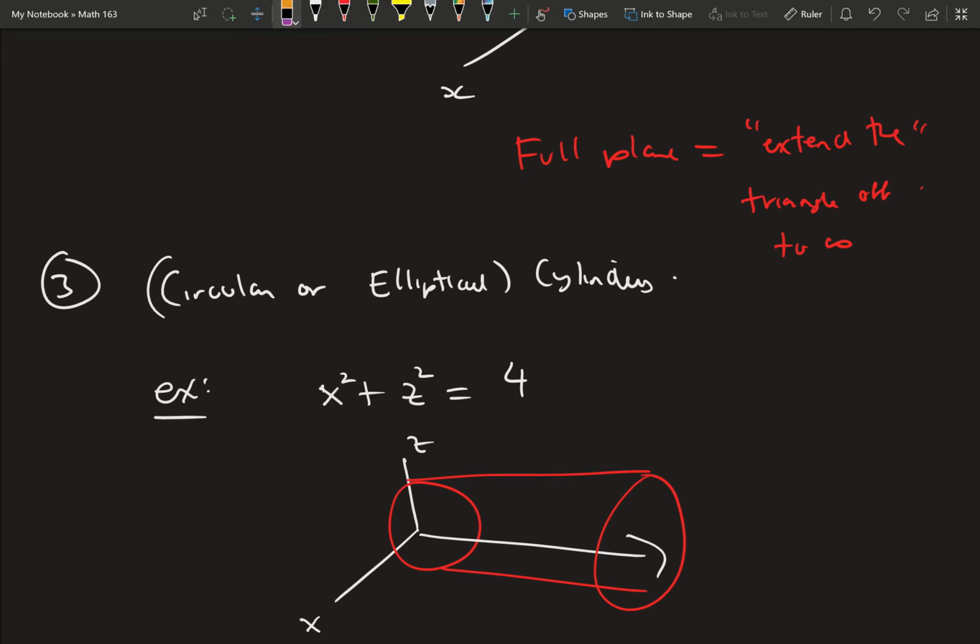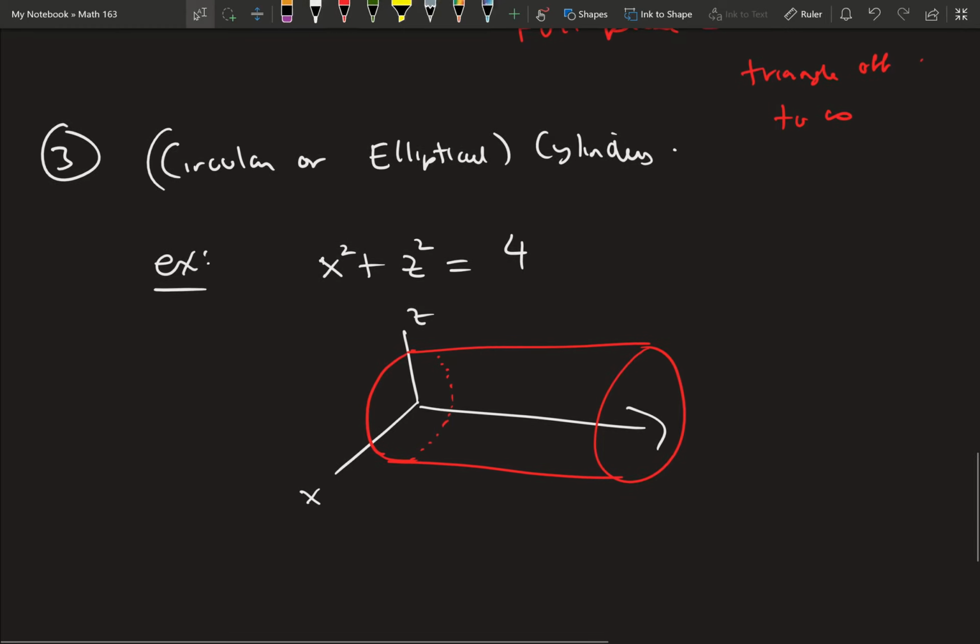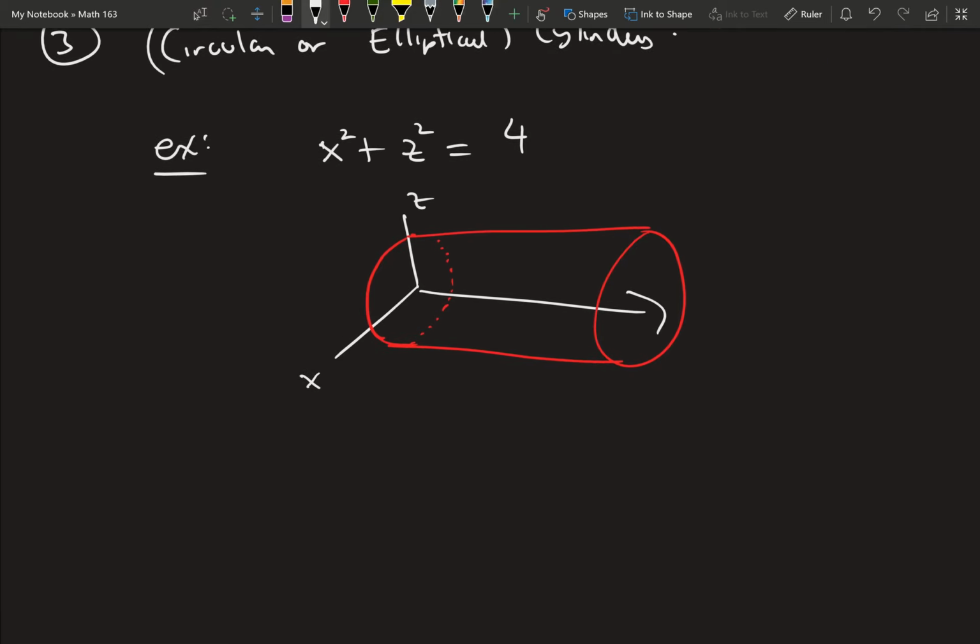Let me just adjust this end circle right here. So it'd have something like this, and then in the back it would be kind of dotted because that's usually in the back. So this is a surface again that we have seen already. I think in one of the first sections we saw something similar to this in chapter 12. You can also have a situation where the cross sections here are ellipses. I'll leave that as one of the exercises at the end.